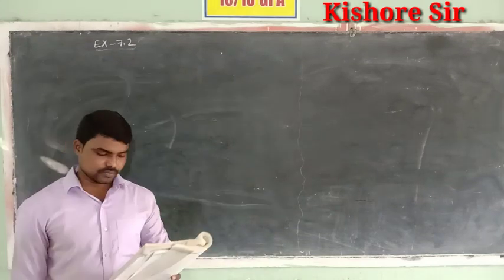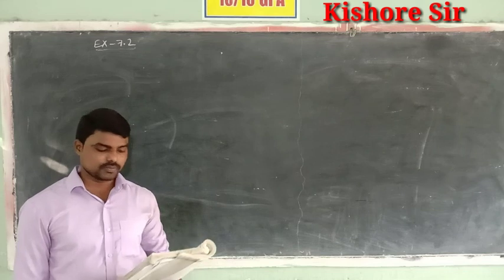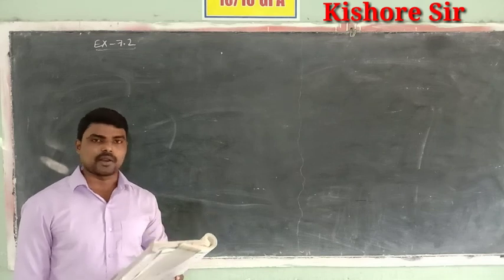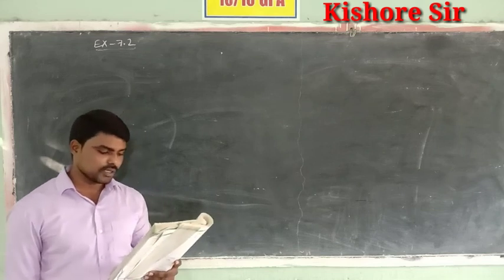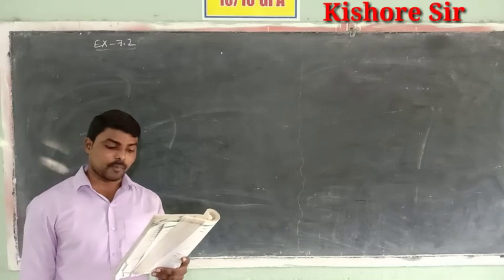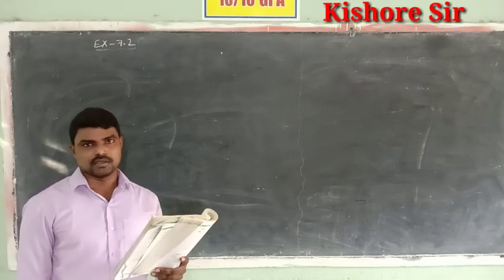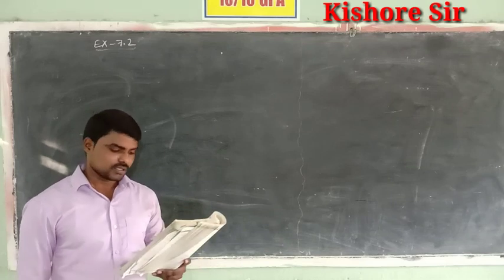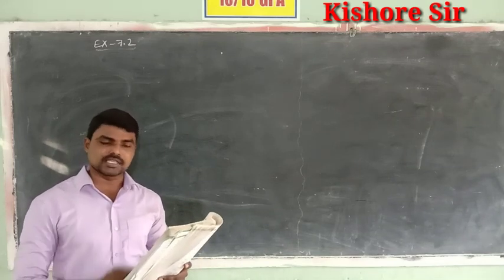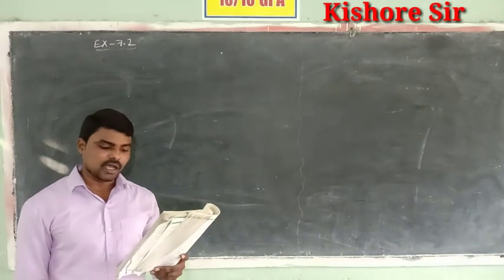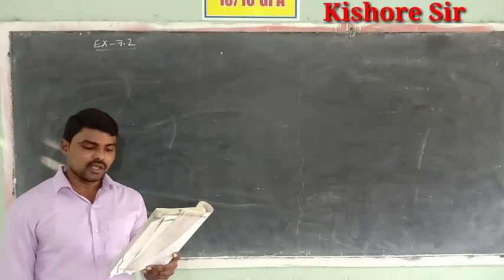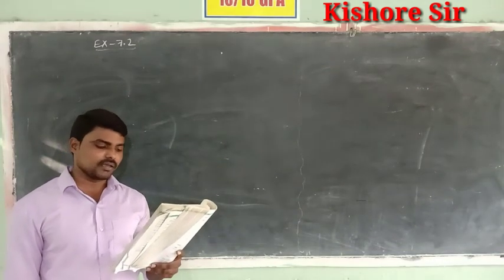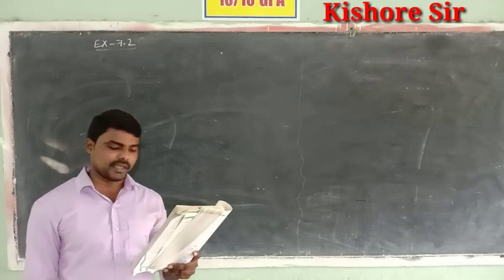Okay. Now, problem number 2 in exercise 7.2. See the problem. Find the coordinates of the points of trisection. Already we know trisectional points. Find the coordinates of the points of trisection of the line segment joining (4, -1) and (-2, -3).